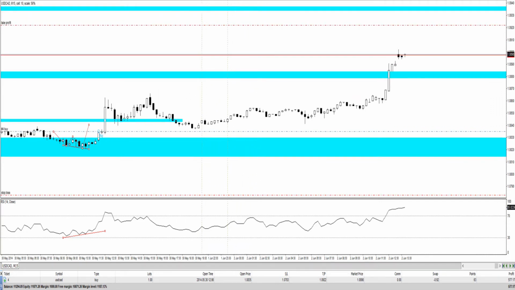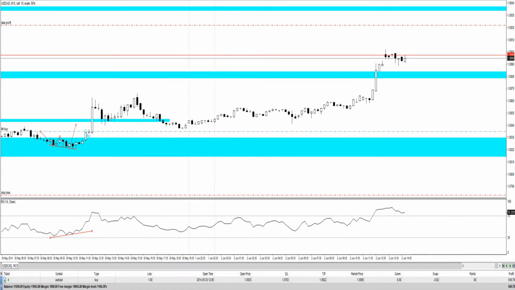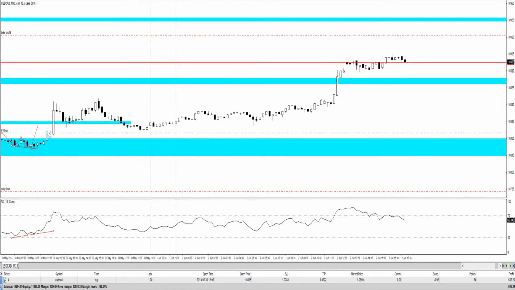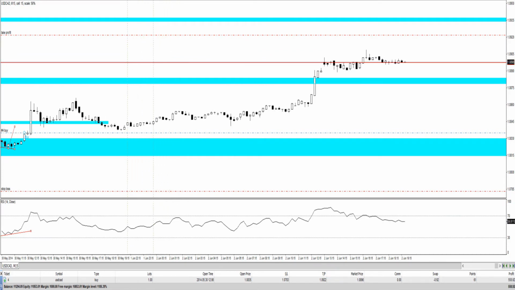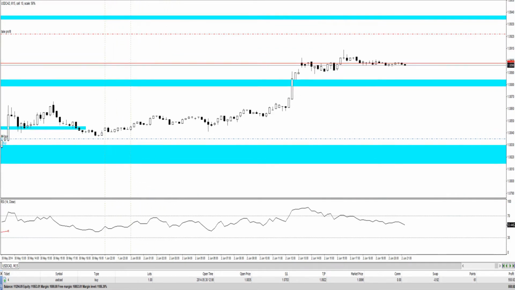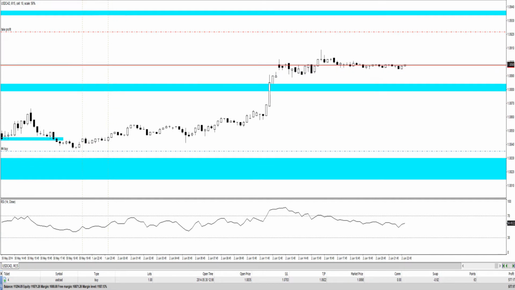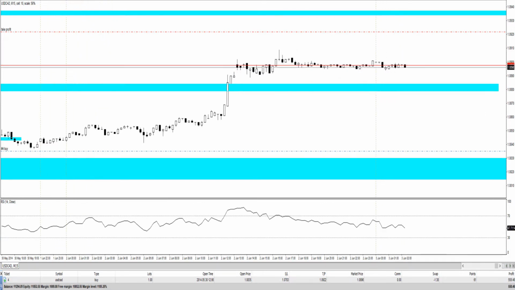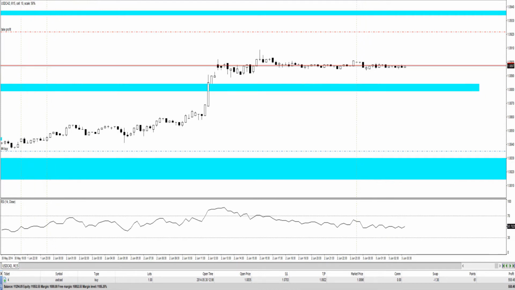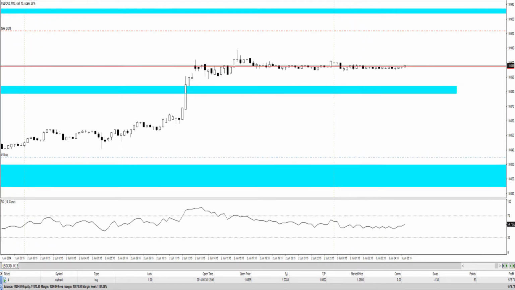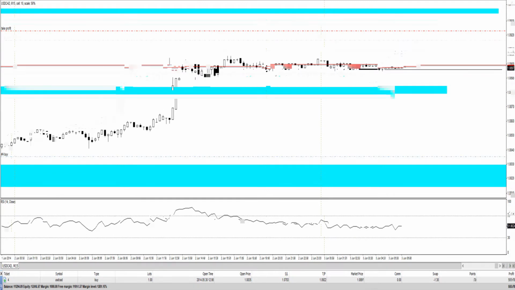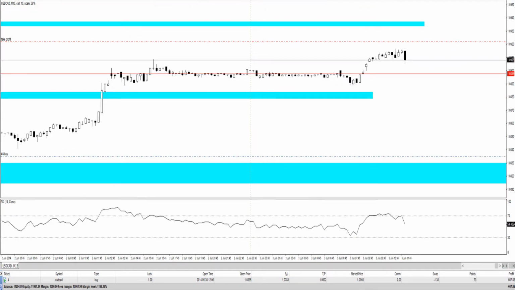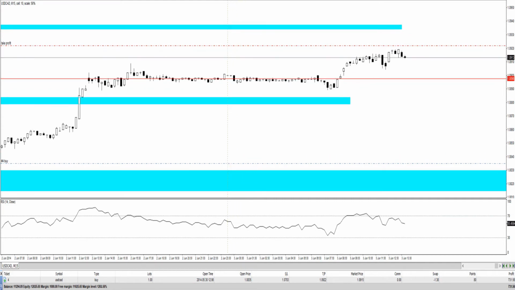I found that to be the best way of using this strategy. In this area here, I would start looking to take some profits off the table, because it's at least 1:1, and 1.25:1. So you could start trailing or taking some of your profits off the table.